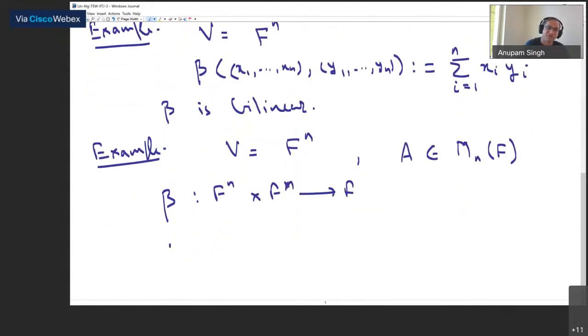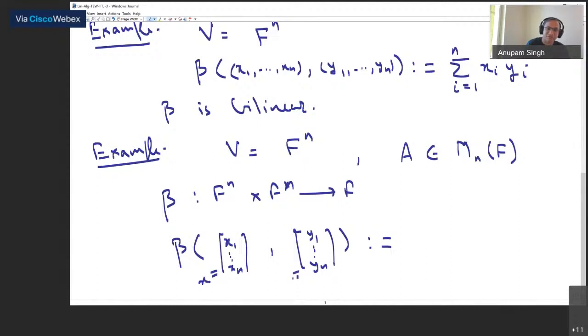Let's say I denote the elements of F^n as column vectors. So x and y are column vectors, y1, y2, ..., yn. I define beta of x, y to be x transpose A y.